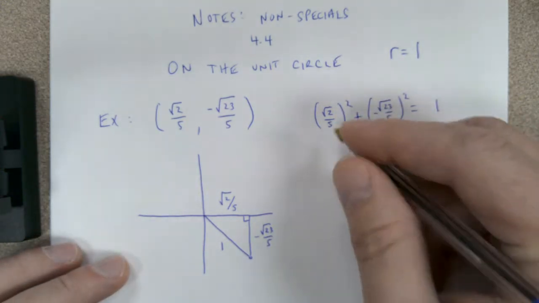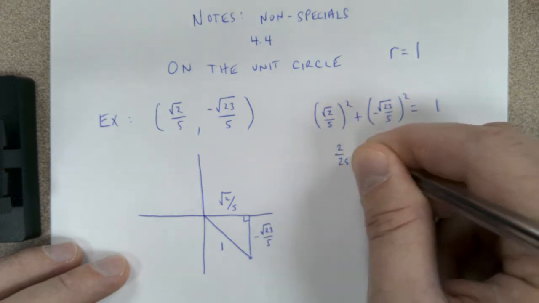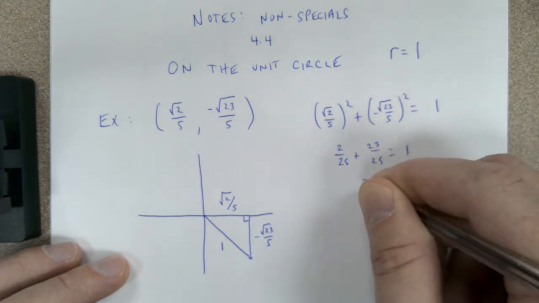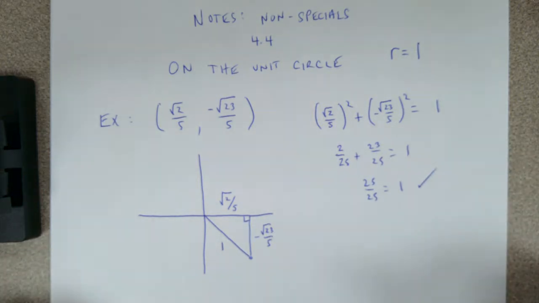If I square that, that's going to give me 2 over 25 plus 23 over 25, which we know 25 over 25 equals 1, so that checks out. So this point is on the unit circle.